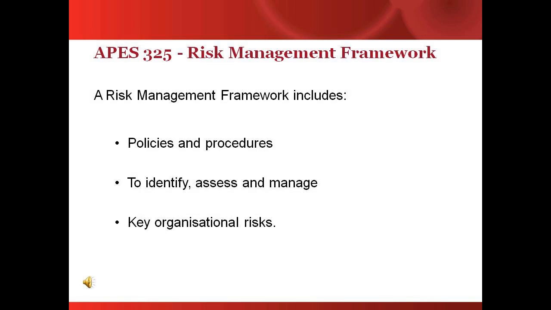APES 325 sets out the components of the risk management framework, which include the policies and procedures to identify, assess and manage key organisational risks. So, the first step is to identify the key organisational risks for the practice within the context of the environment you operate in, your practice goals, and also taking into account your internal and external stakeholders, and those will be different for every practice.